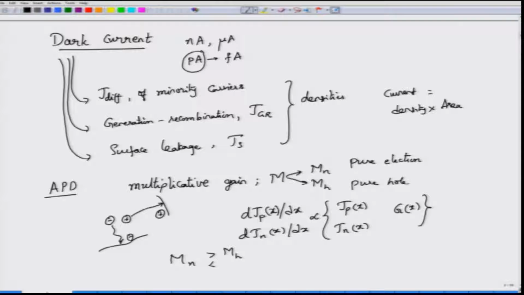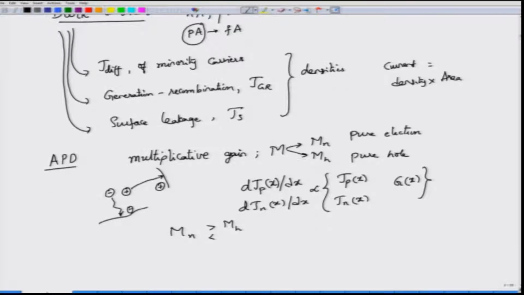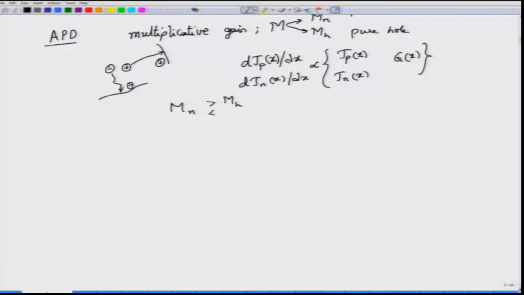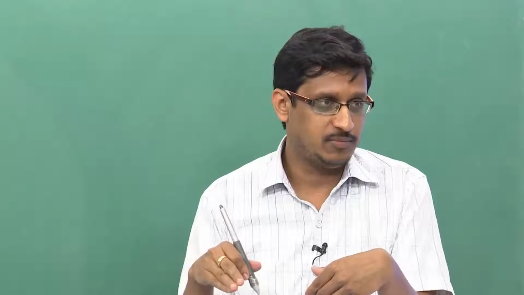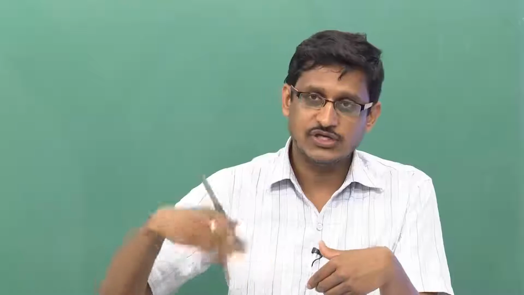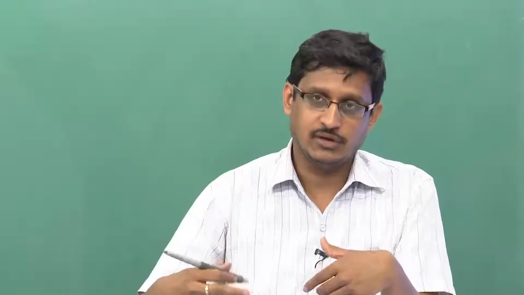Okay. So, these are a little advanced for the course to discuss, so we are not going to look at that, but associated with this Mn and Mh there is a photocurrent. If you look at the photocurrent, you will see that it is not really constant for a constant optical input, but there is actually a fluctuation, and this fluctuation is because of the multiplication process that is fluctuating.